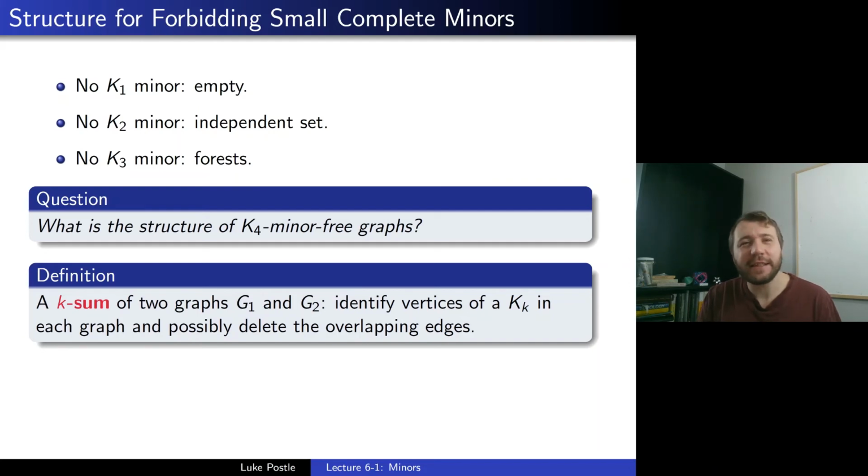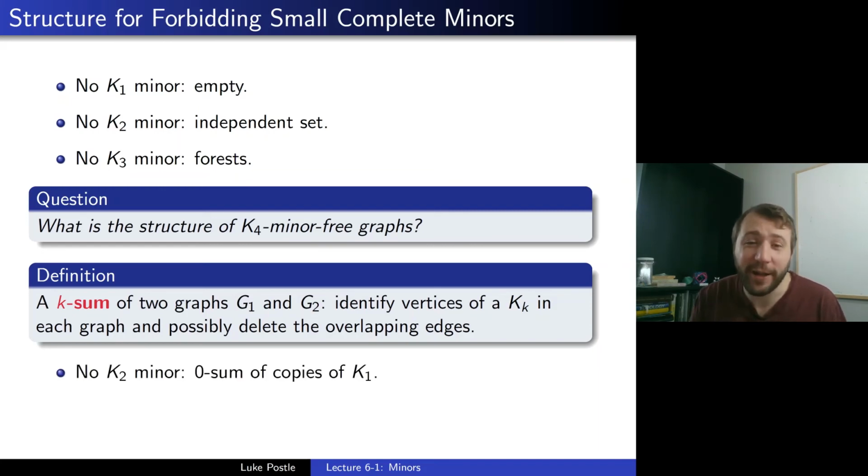And actually, if you back up and think about the minor characterizations above, they actually have a nice pattern in terms of sums. So for example, K2 minor free is actually the zero sum of copies of K1, right? So you're allowed to just take disjoint, zero sums would be disjoint unions, and so it would be the disjoint union of copies of K1.